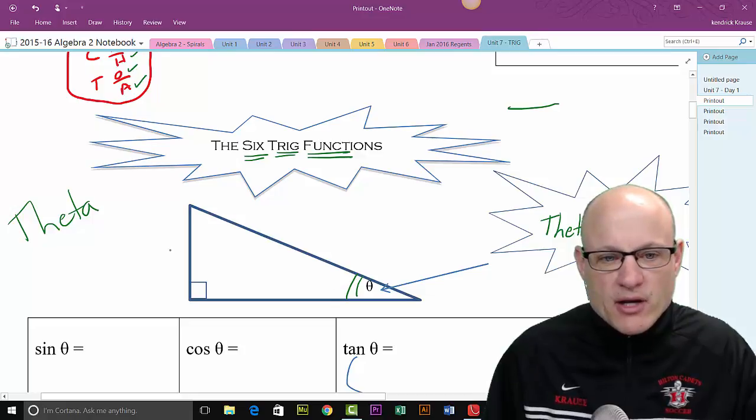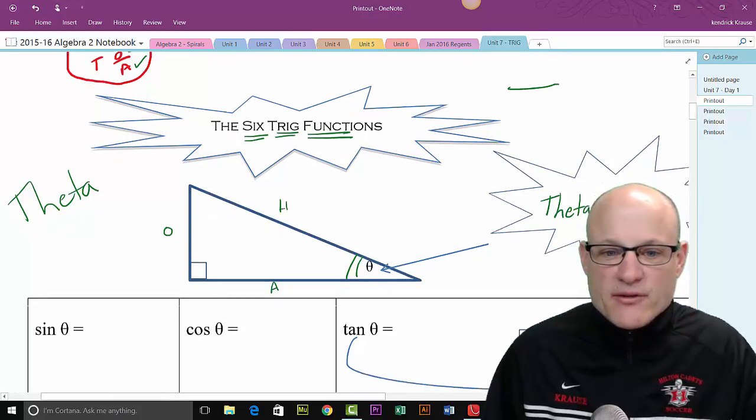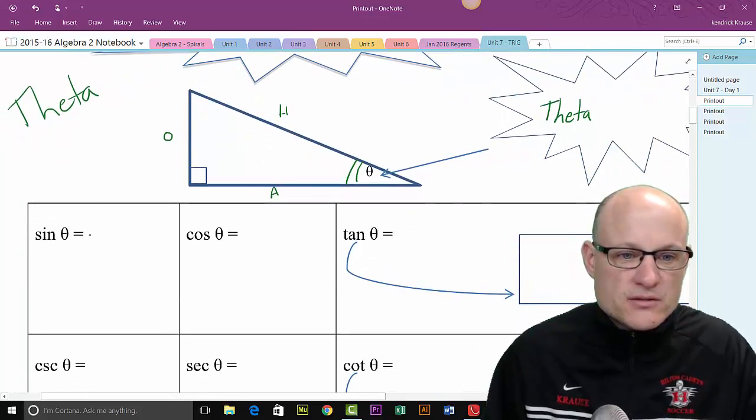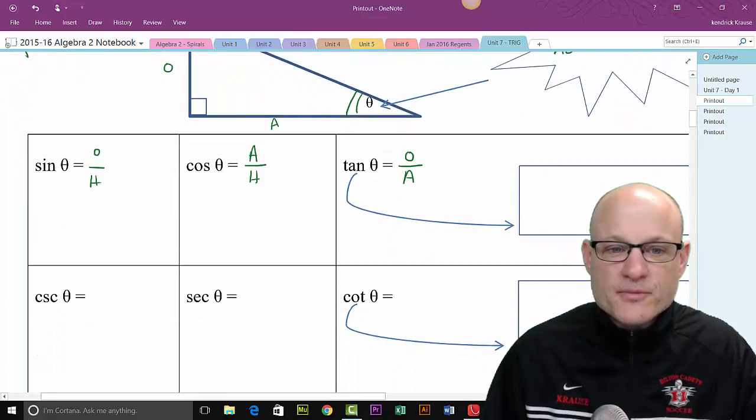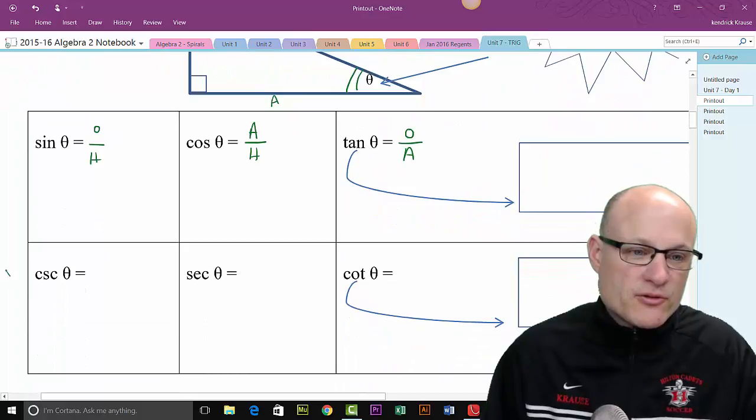Let me label my diagram, O, H, and A. And we just talked about these three: some old horse caught another horse tripping on alligators, taking oats away. Whatever you want to learn. These are the reciprocal functions.